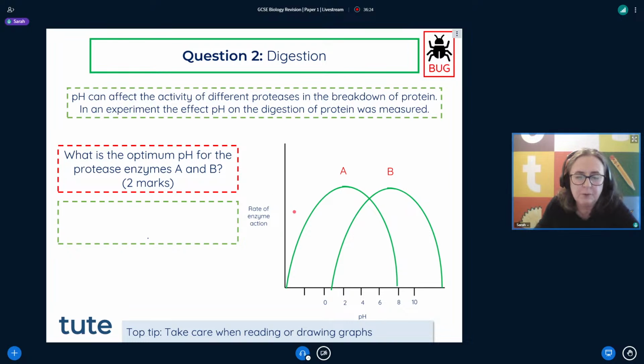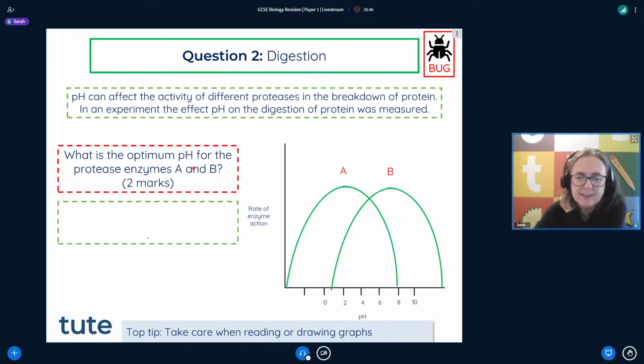And you can measure that in an experiment, okay? And that, again, is one of the required practicals, guys, looking at the effect of pH on the rate of digestion. Okay, so we can see here we have two different curves for each of these two enzymes. So we can see right away that they operate differently at different pHs.